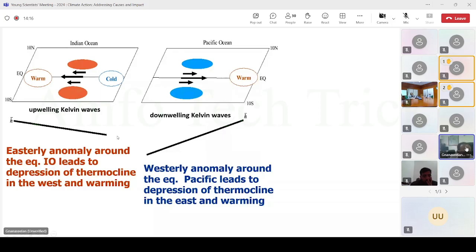The west is shallow, with a deeper thermocline in the east in the Indian Ocean, whereas in the Pacific you have a very deep thermocline, about 200 meters, in the West Pacific, and a very shallow thermocline in the east. But this climatological thermocline gets reversed during a positive phase of an IOD.